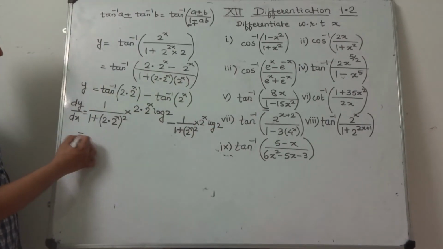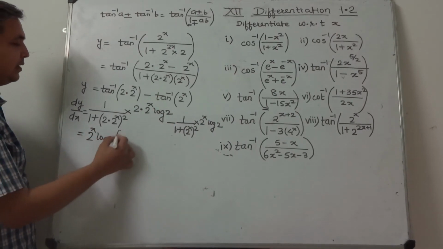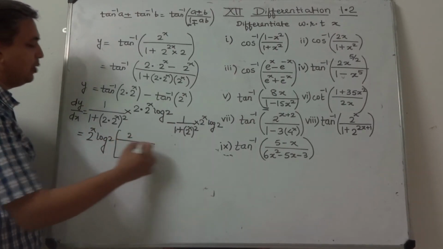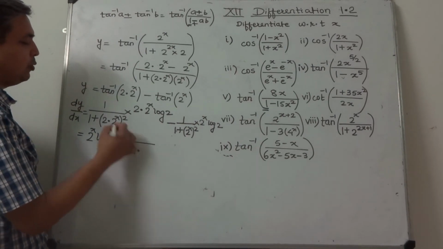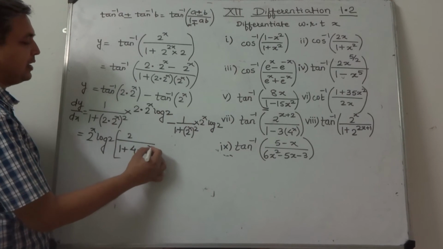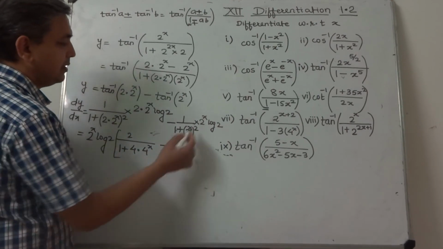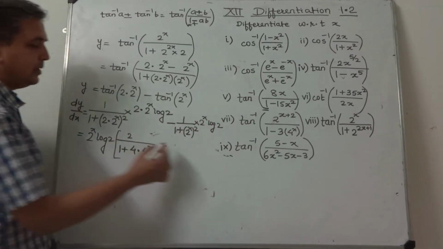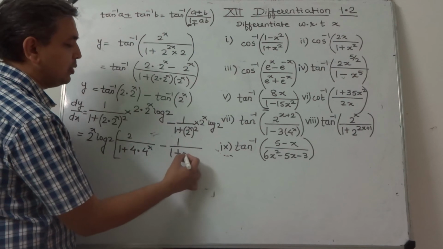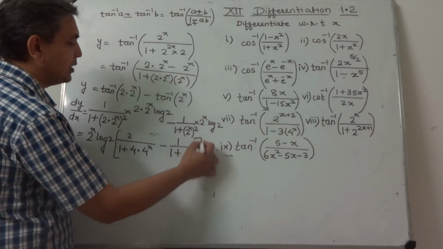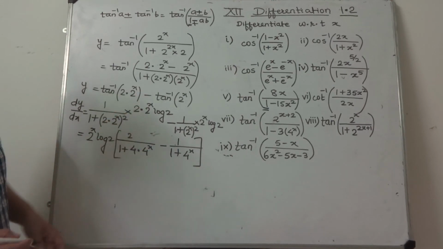So again in both the terms we get 2 raised to x log 2 common, and in the bracket we can write 2 upon 1 plus 4 into 2 raised to x square, or we can write 4 raised to x. Is this clear? Minus, 2 raised to x log 2 is common. We can write 1 upon 1 plus 2 raised to x square as 4 raised to x. So this is the answer for question number 8.